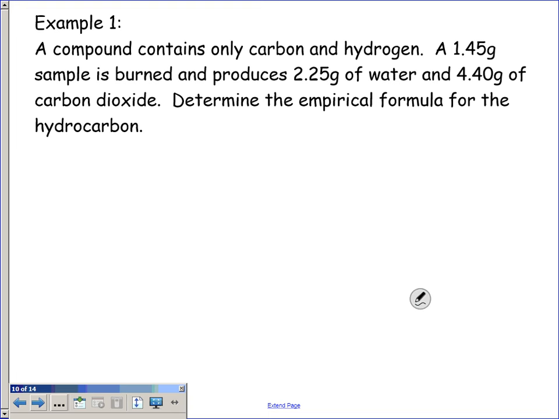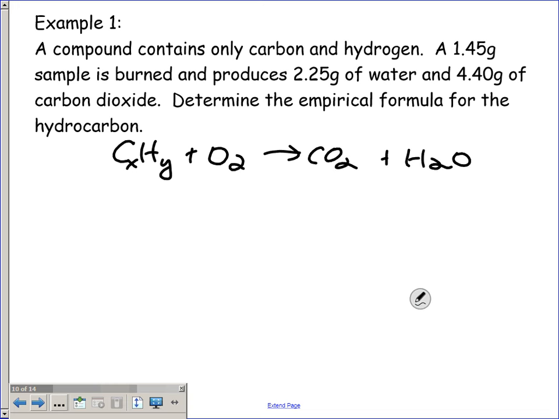All right, so first example, compound contains only carbon and hydrogen. Yes, not an oxygen-containing one. All right, so that's helpful. We have this reaction, CxHy plus oxygen yields carbon dioxide and water. And I just like to write the reaction down so we can label the parts as we go. A 1.45 gram sample, okay, so that's our sample.